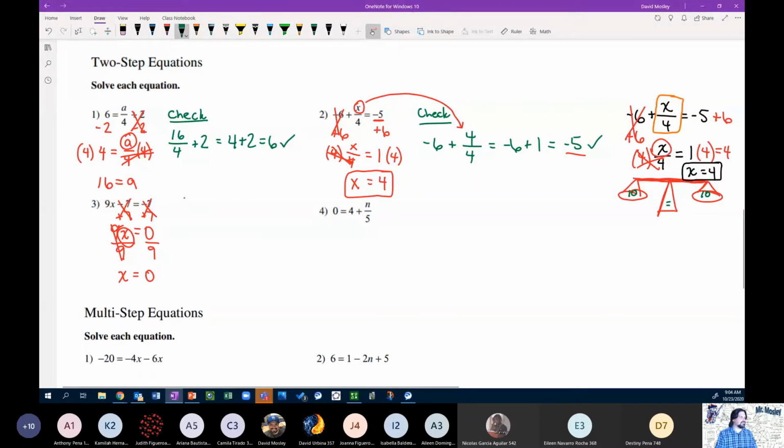Okay, so let's check. I'm going to replace x with 0 in my equation. We have 9 times 0 minus 7. 9 times 0 is 0. Minus 7 equals negative 7. Yay, it worked.